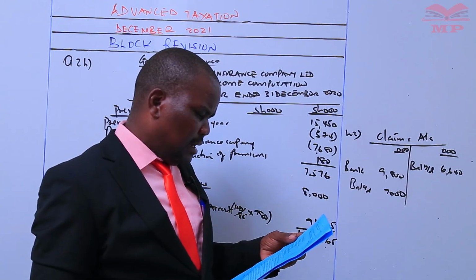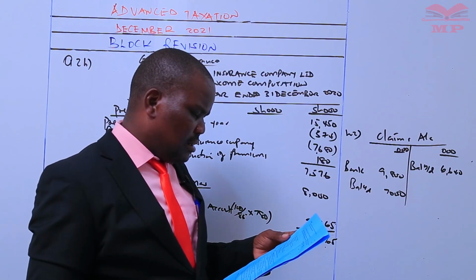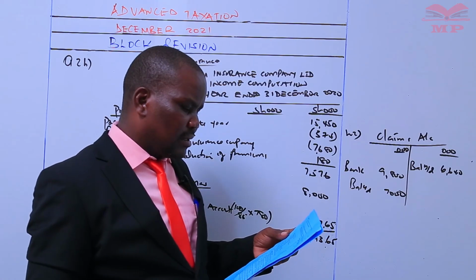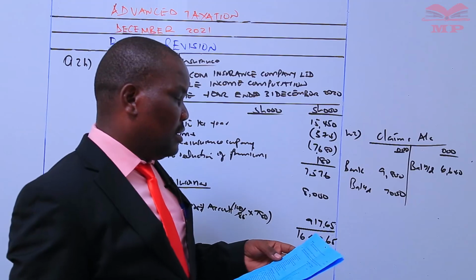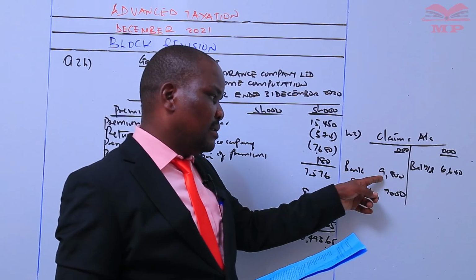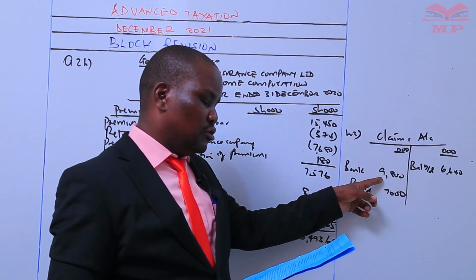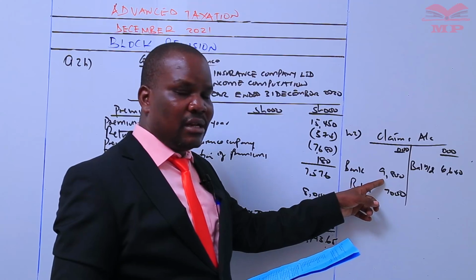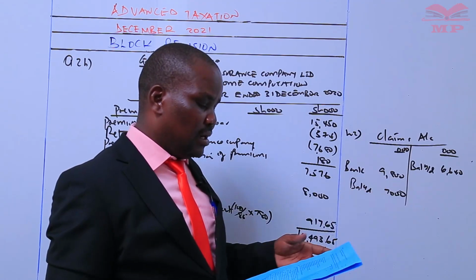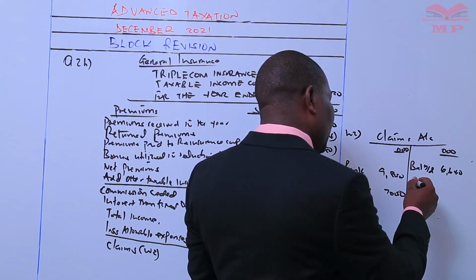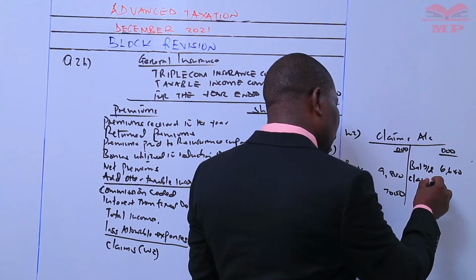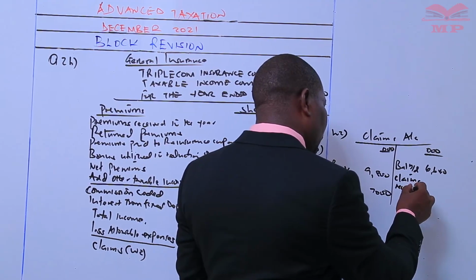If you look at it keenly, we have recovery from a reinsurance company. That is claims recovered, meaning the company paid these claims to the insured, but part of this was recovered from the reinsurance company. So that should be credited. So we write here claims recovered.